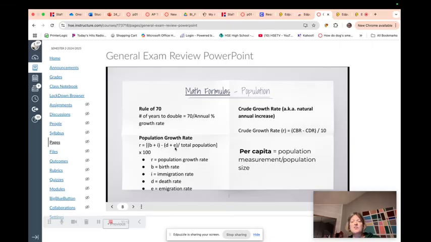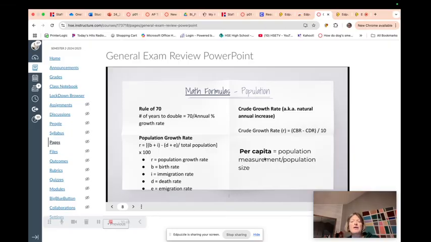And then just don't forget that if it's crude birth rate or crude death rate, they mention crude and the answer at all, then you would be doing the crude birth rate minus the crude death rate divided by 1,000 times 100. Or you could just take, as it says over here, the crude birth rate minus the crude death rate divided by 10, and that's going to be divided by 1,000 times 100. Okay. All right, so that's an equation you'll definitely need to know.